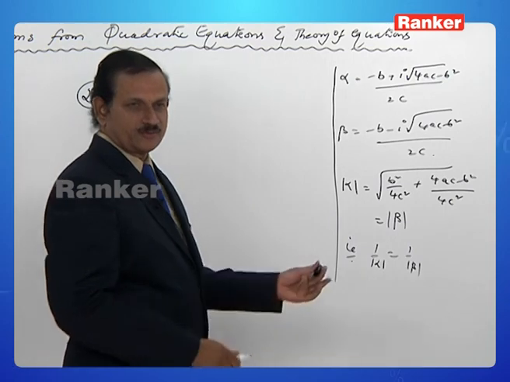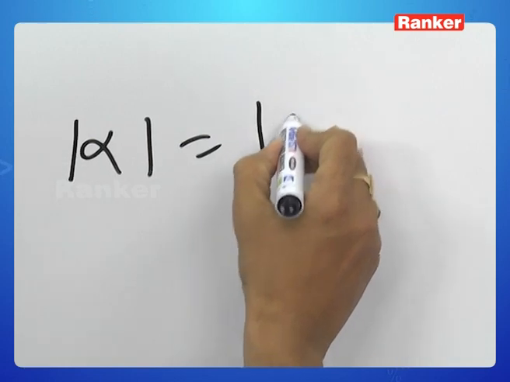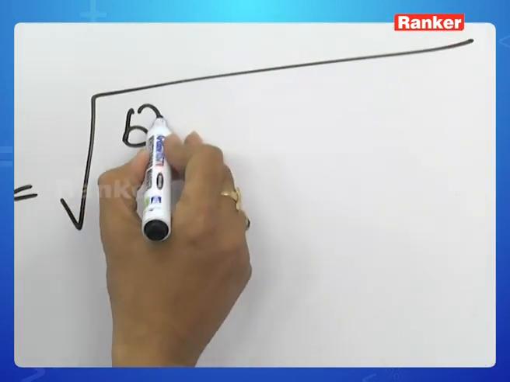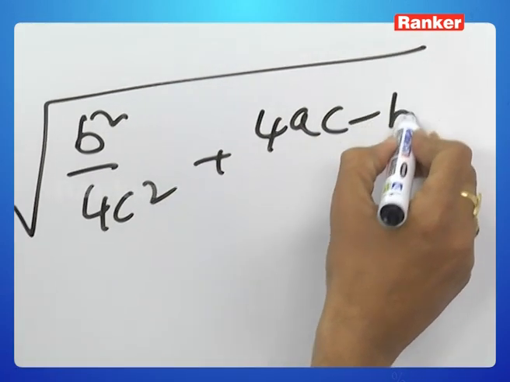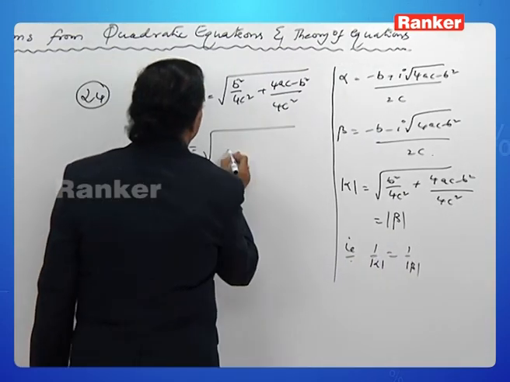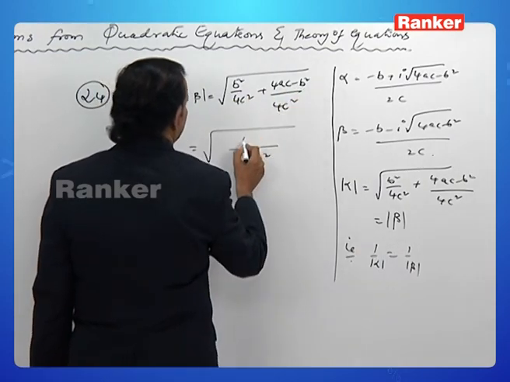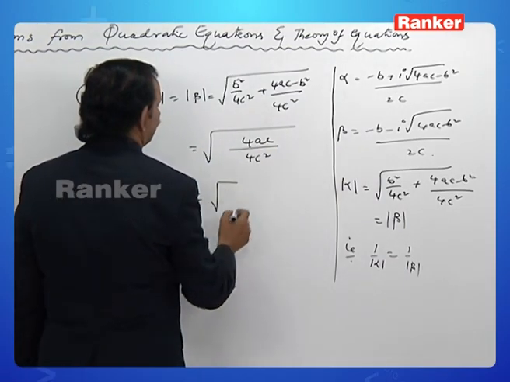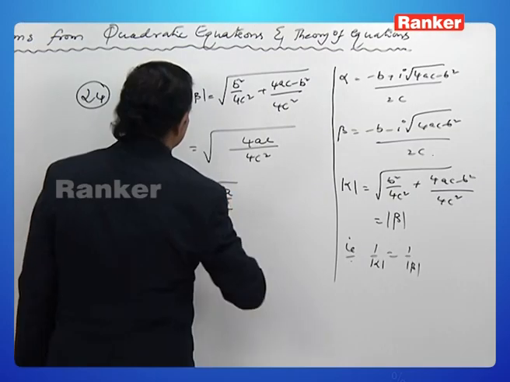Another important observation: mod alpha = mod beta = √(b²/4c² + (4ac - b²)/4c²). If you take 4c² as the LCM, the b² and minus b² go away, leaving 4ac over 4c², which is the root of a/c.